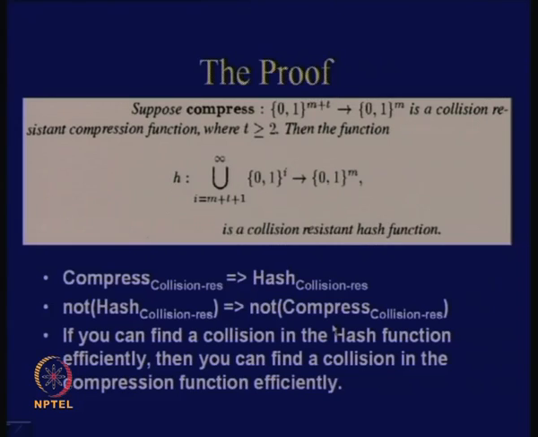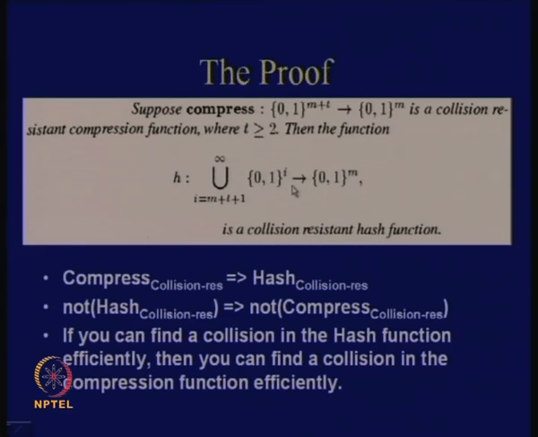Now we come to a slightly more complicated part, but it's quite a simple proof, which says that suppose compress from {0,1}^(m+t) to {0,1}^m is a collision resistant compression function, then this function is actually a collision resistant hash function. This is the representation of the function. You see that your 0 1 string can range in length from m plus t plus 1 to infinity.